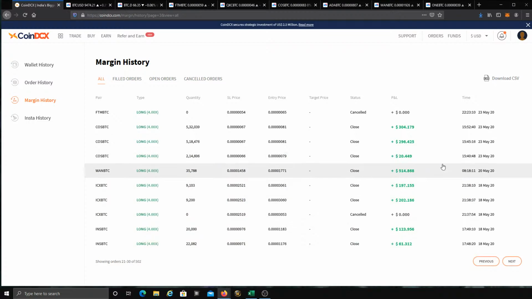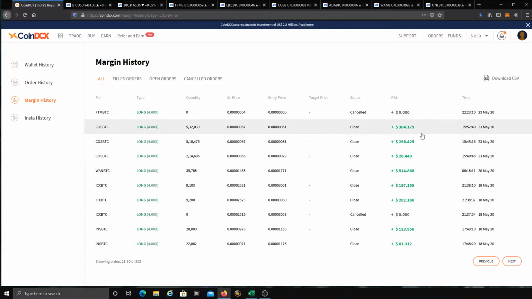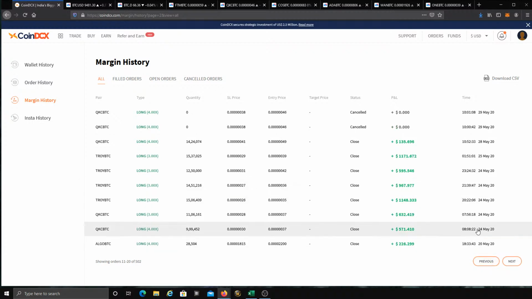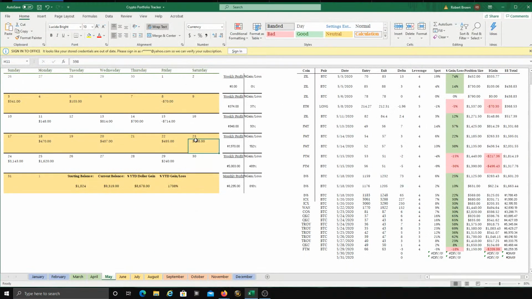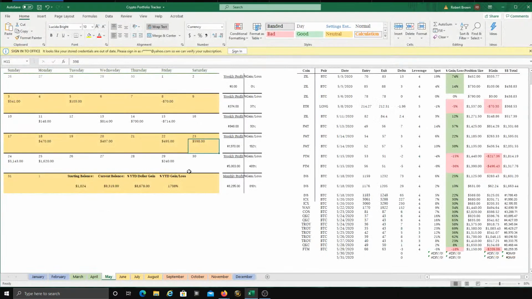Okay, so that's where we are on the 23rd, right there, 598. Am I missing one? 24th. Okay, so we're getting a little chopped up there. So 571. That may be that trade right there, and it was closed on the 24th. Okay, whatever the date.